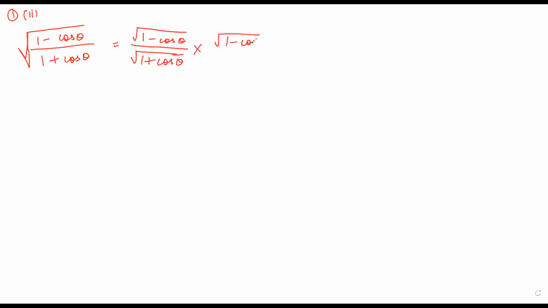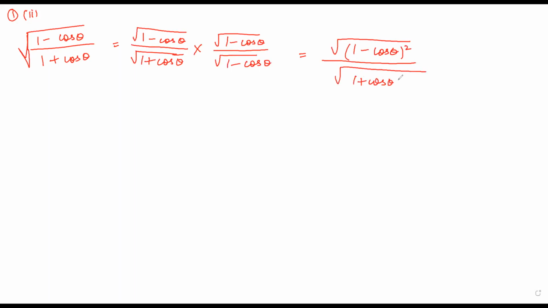Now rationalize it. So 1 minus cos theta and divided by under root 1 minus cos theta, right? Okay. So in the numerator, you have 1 minus cos theta whole square. Clear? And then in the denominator, you have 1 plus cos theta into 1 minus cos theta. Now that becomes 1 minus cos theta only divided by, then you have a minus b into a plus b, that means 1 minus cos square theta.